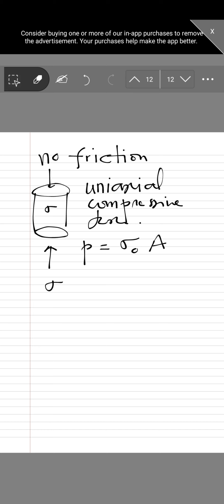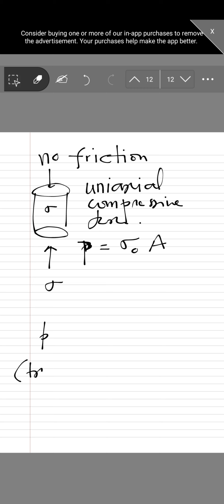So the true compressive stress produced by this force capital P, we call it the small p.